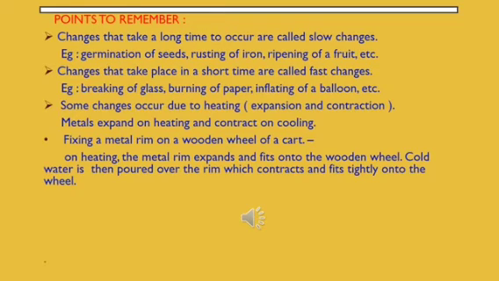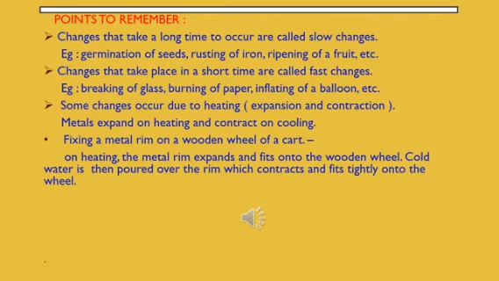Example: germination of seeds, rusting of iron, ripening of a fruit, etc. Changes that take place in a short time are called fast changes. Example: breaking of glass, burning of paper, inflating a balloon, etc.